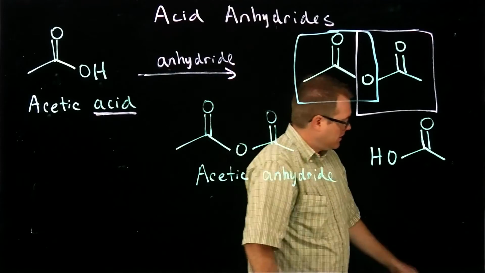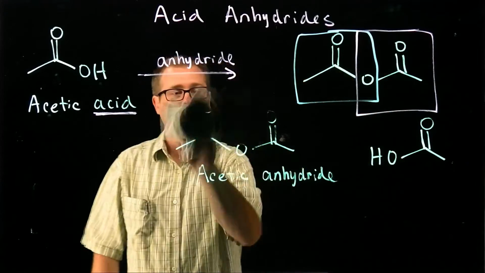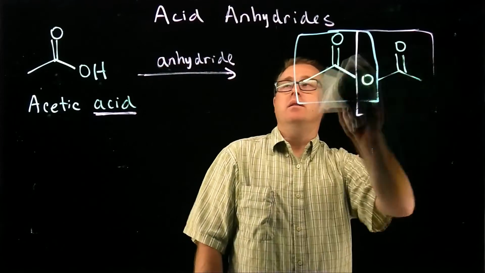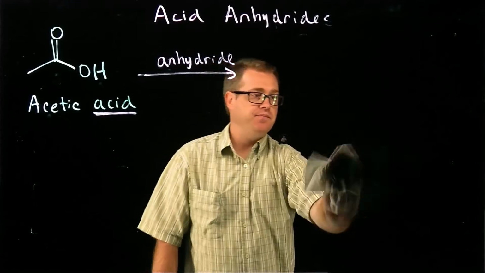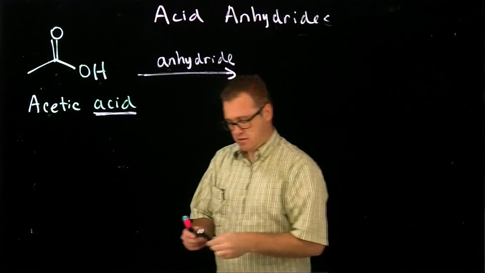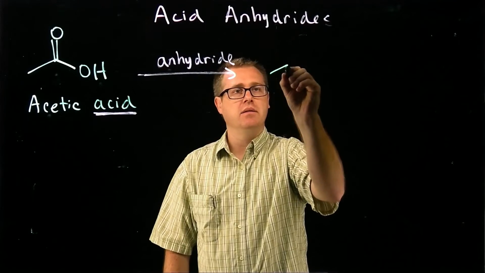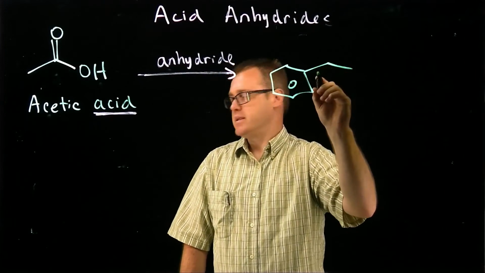But now, things can get a little bit more complicated. What if we have an anhydride molecule that is unsymmetrical? How do we handle that? So let's say we have a benzene ring.